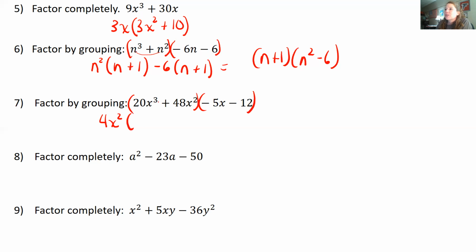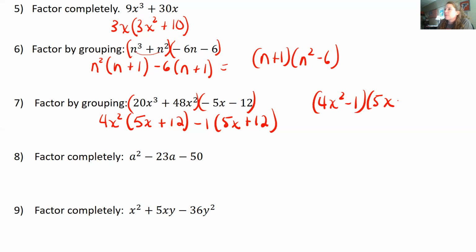So 5x to the third divided by 4x squared. 20 divided by 4 is 5x. And then 48 divided by 4 is, what would that be? 12. Yep, that's right. And then these almost match, right? But I need to factor out a negative 1. So I would have 5x plus 12. So those parentheses match. So one group is what's outside the parentheses, and one group is what is in the parentheses.